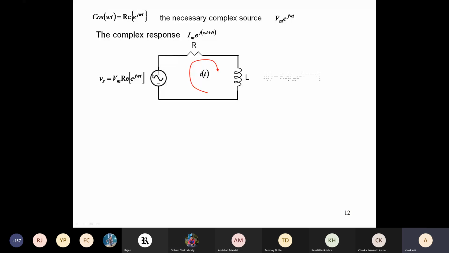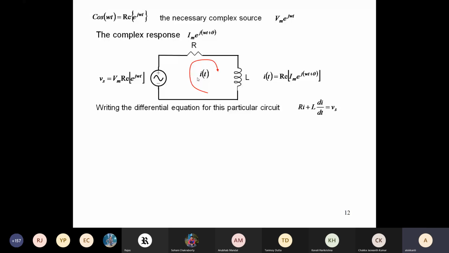This will actually lead to the real part of Im e^(j(ωt + θ)). Ultimately we have to get the expression of this.